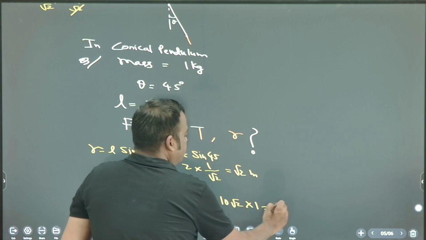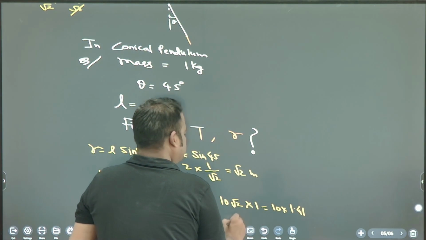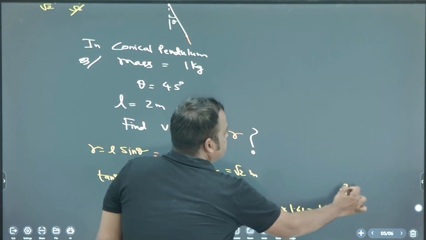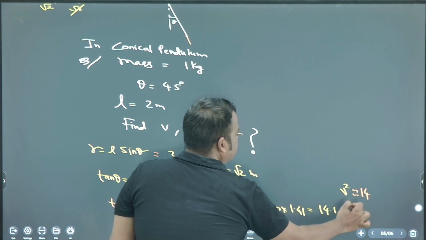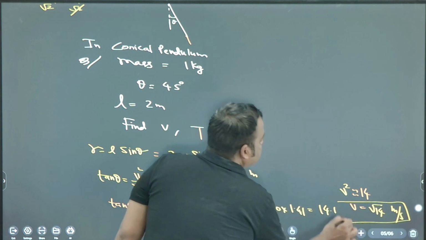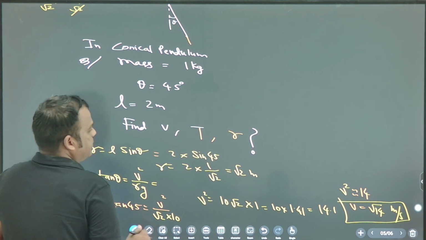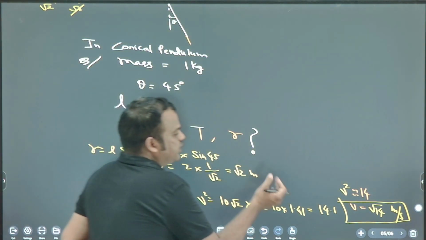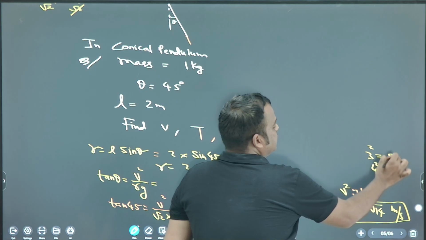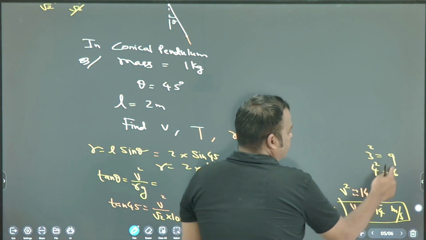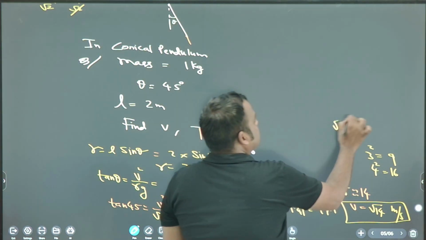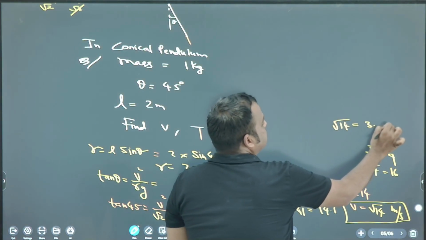Root 2 value you know 1.41, so 14.1. So V square is approximately 14. So what is V? Approximately square root of 14. Slightly more than 3, because what is 3 square? 9. What is 4 square? 16. So square root of 14 is between 3 and 4, so 3 point something.